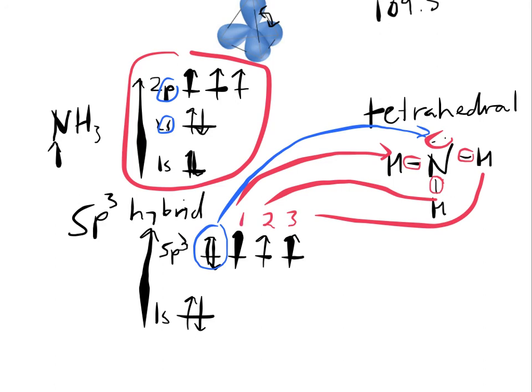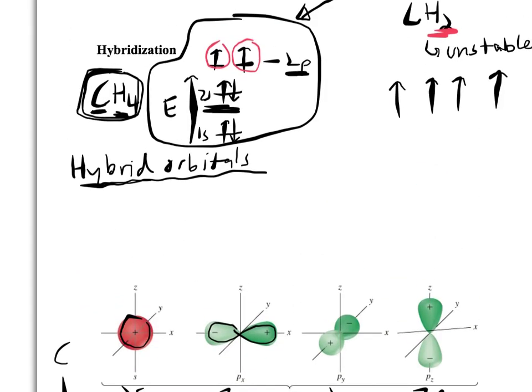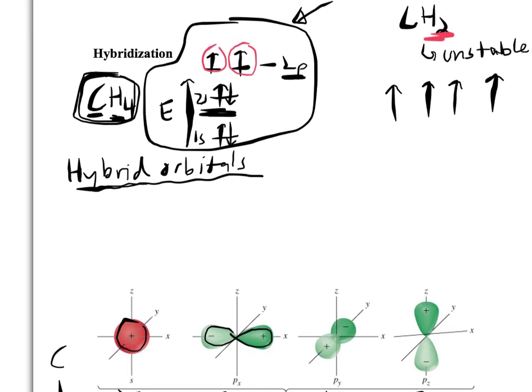What you need to be able to walk away with today from this video is what the idea of hybridization is, the definition of a hybrid orbital. Okay? You need to know the reasoning behind why this energy diagram alone doesn't explain why methane exists.